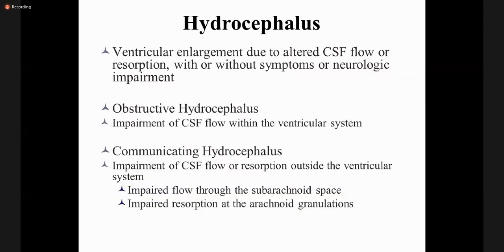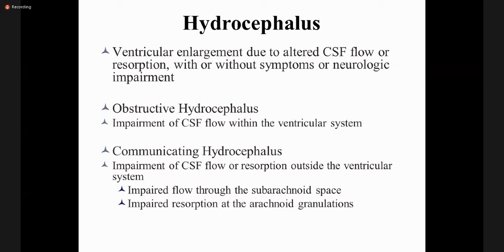Now we come on our main topic, that is hydrocephalus. So what is hydrocephalus? This is ventricular enlargement due to altered CSF flow, resorption with or without symptoms of neurological impairment. Okay? What is hydrocephalus?